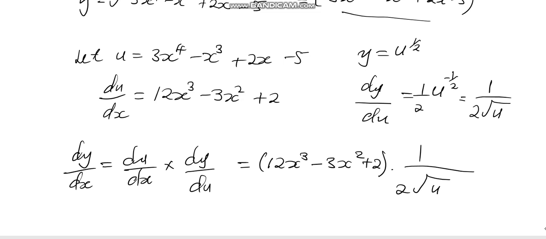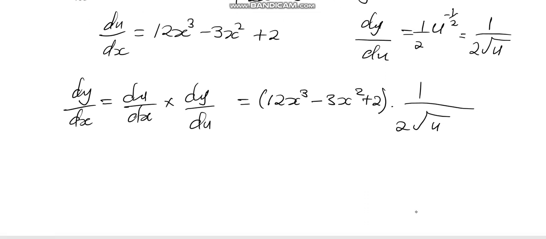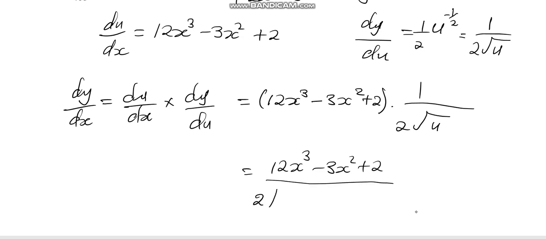Now we know what our u is: u is that term we have on top. Let's write that nicely. We have 12x to the power 3 minus 3x squared plus 2, divided by 2 root u.